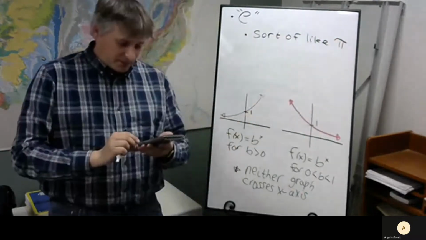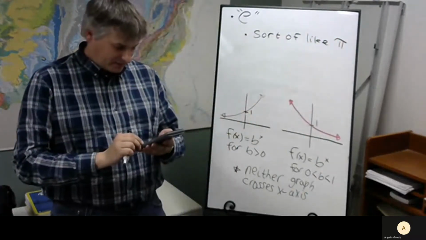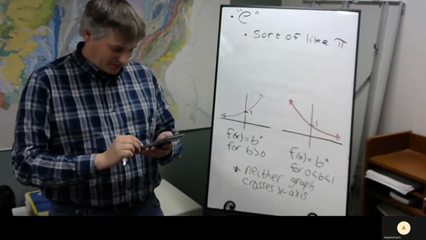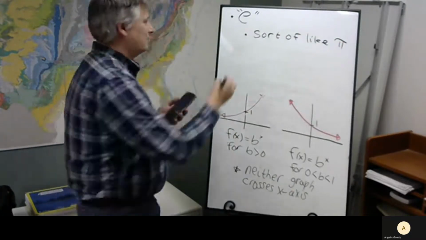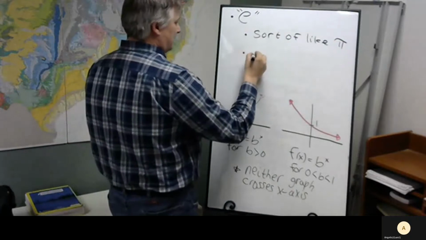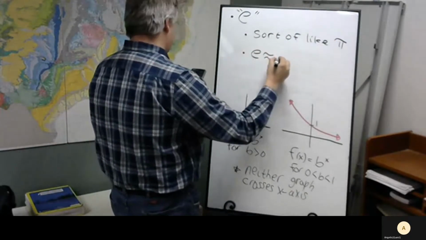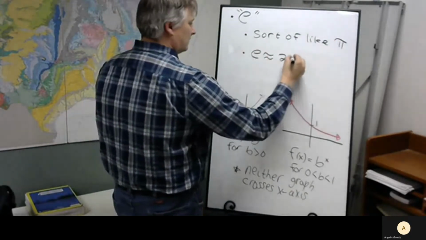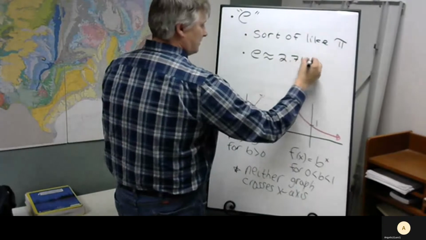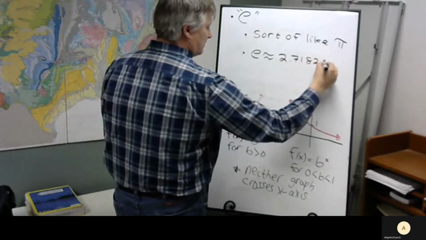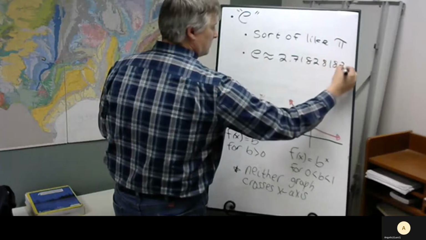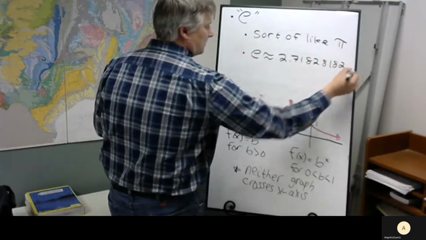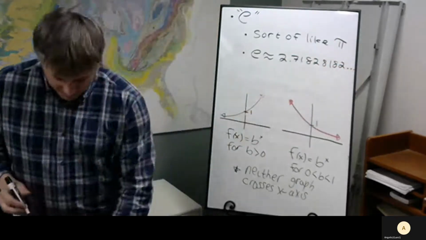It's a symbol for a number. I've got an e on here somewhere. There it is. e is approximately 2.71828, and it goes on and on forever.